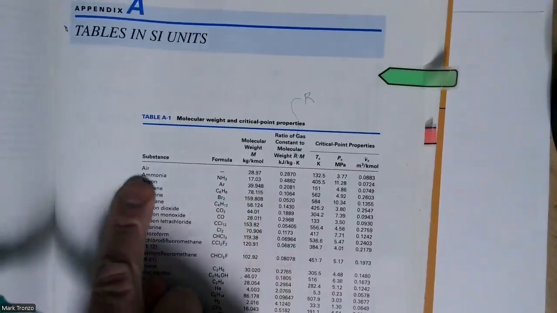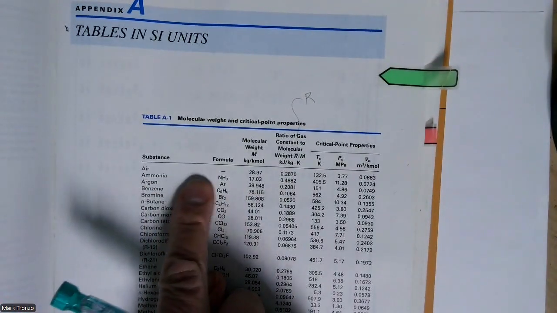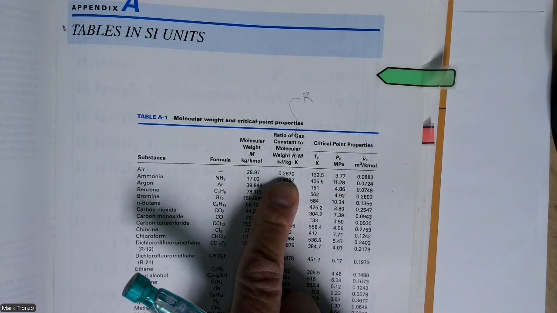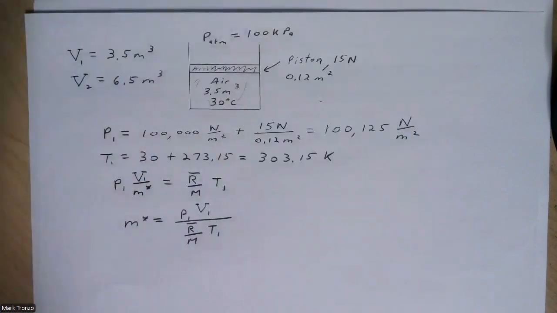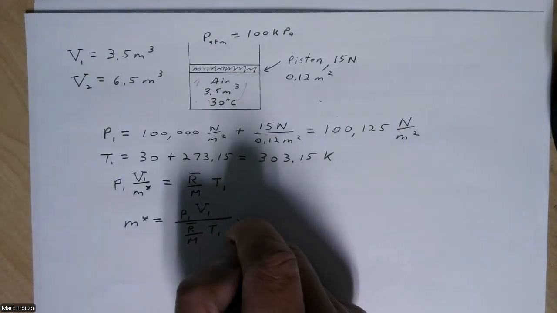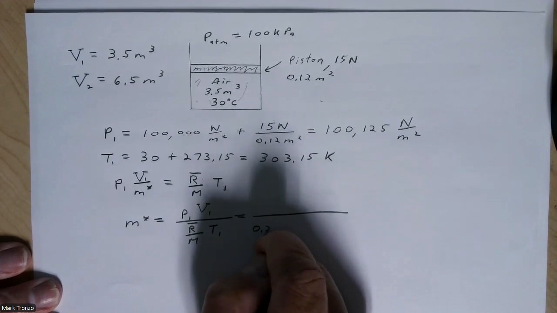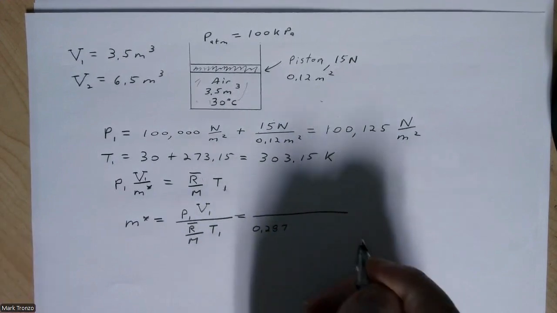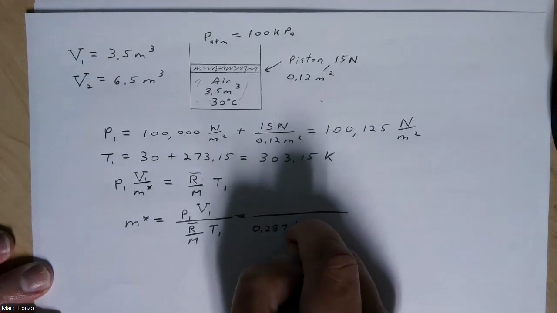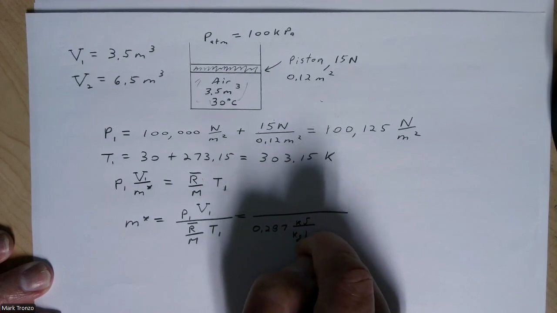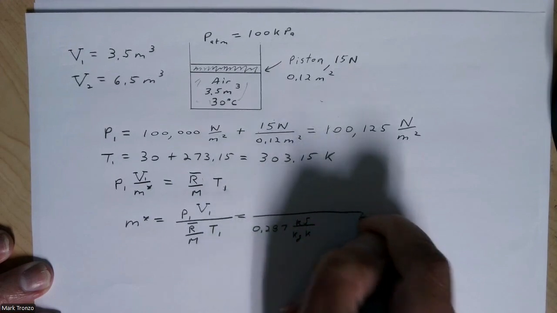And again, from the back of the book, the R over M is 0.287. That's in the denominator.